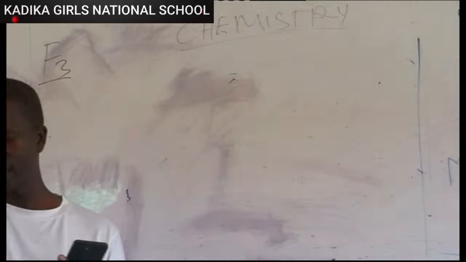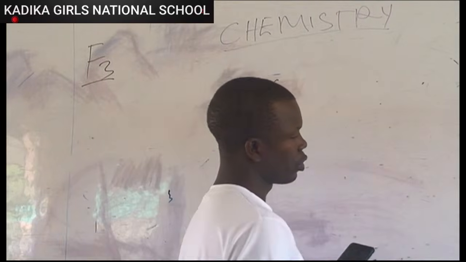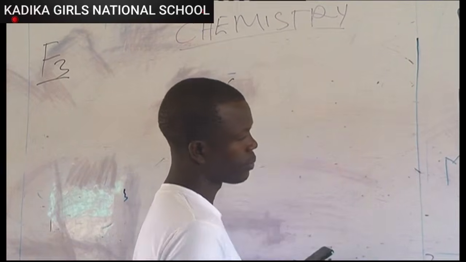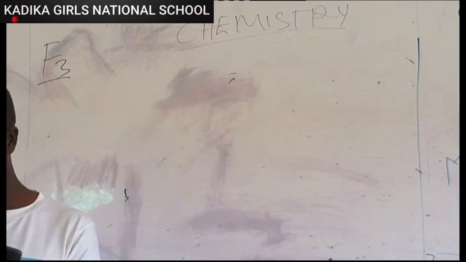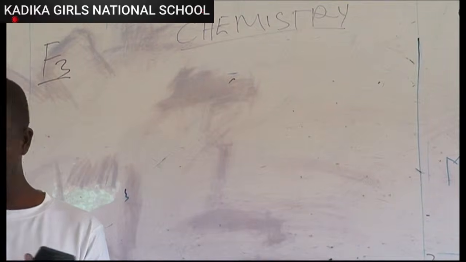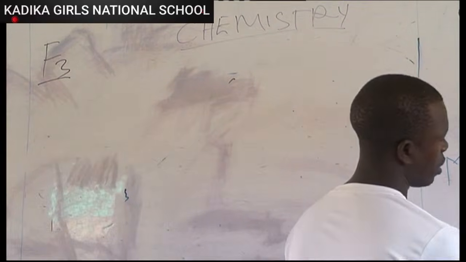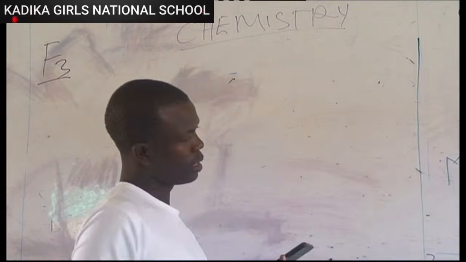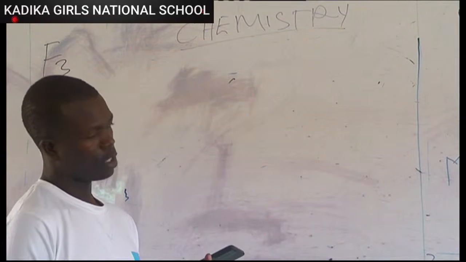You can balance the equation by putting 3 here, 8 here, then putting 3, 4, 2 here.